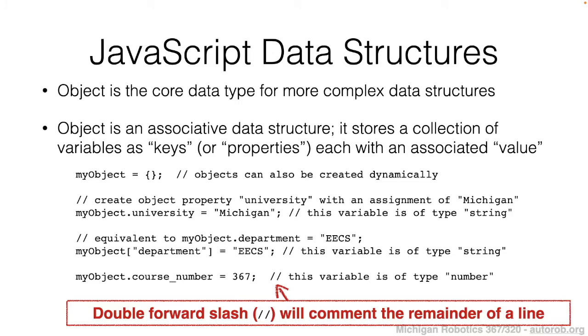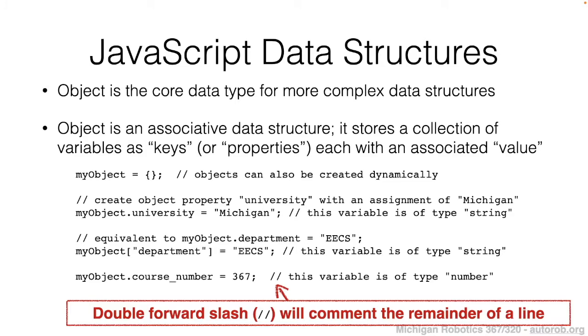To define an object within JavaScript, you use the curly brackets. In the first line of the example here, you can see we assign my object an empty object. Following that, there's a number of ways that you can insert key value pairs into these object variables. You can use dot notation as shown on the second line, where we assign the string Michigan to the university property of my object.